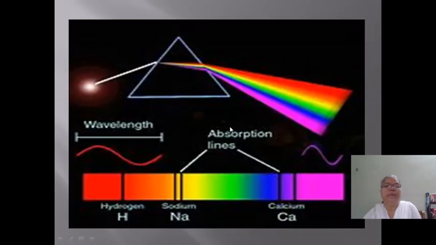Then here, when white light passes through a Nicol prism, there is a dispersion of light, and this we call a spectrum. Here, this spectrum consists of seven colors.